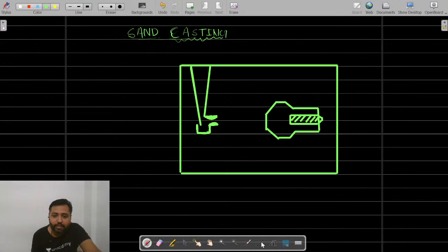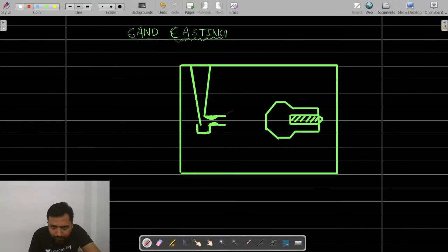And then you will have this straight portion, and thereafter you will have something like this, that is also a cavity. Actually, let me show you. Something like this will be there.